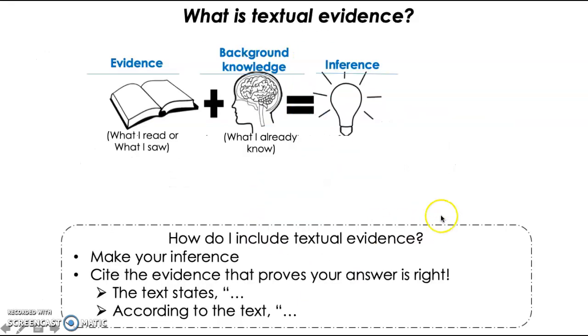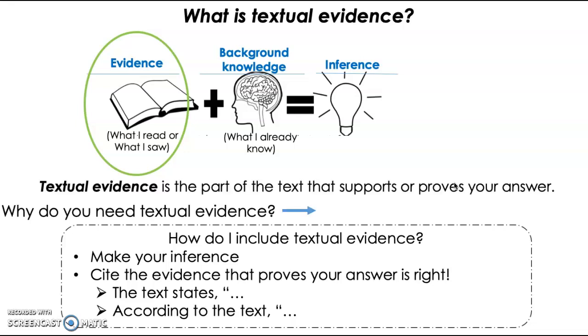So today what we're really going to focus on is that evidence piece, what you read and what you saw. So textual evidence is the part of the text that supports or proves your answer. So if you're sitting here thinking, why do you need textual evidence? It helps you prove your answer. It helps you prove that you're correct.